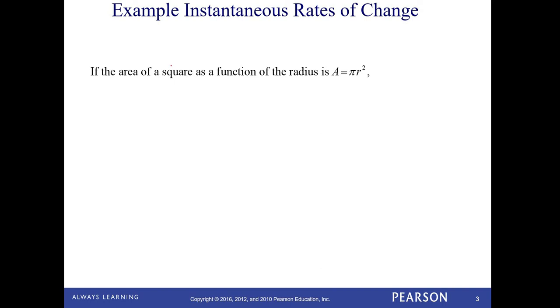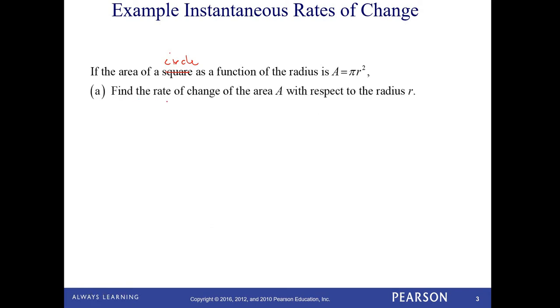The area of a circle, this slide was printed wrong. The area of a circle as a function of the radius is A equals pi r squared. We all know that. So first thing we want to do is find the rate of change of the area with respect to the radius. So now we're going to start to use notation we're familiar with, but applying it to a particular situation.